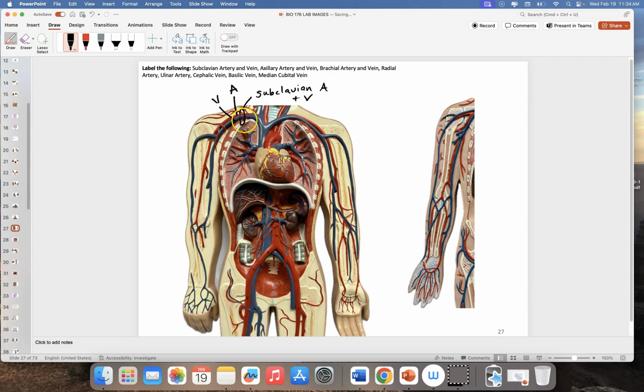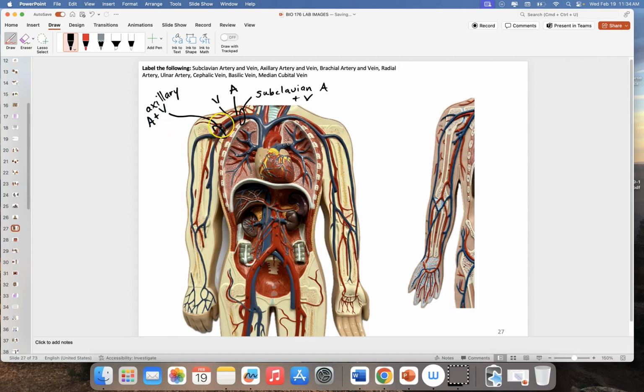And then as we follow those, and as they reach the armpit area here, that area is referred to as axillary. This then is where we're going to have our axillary artery and vein.